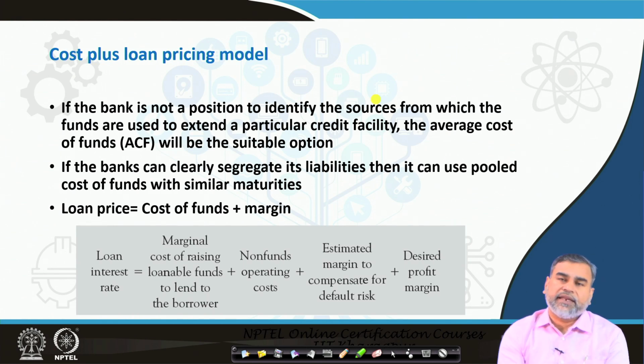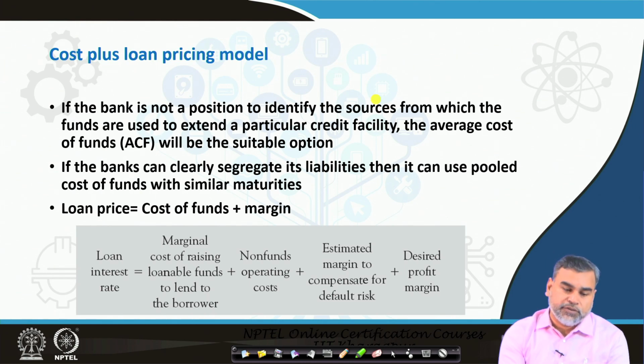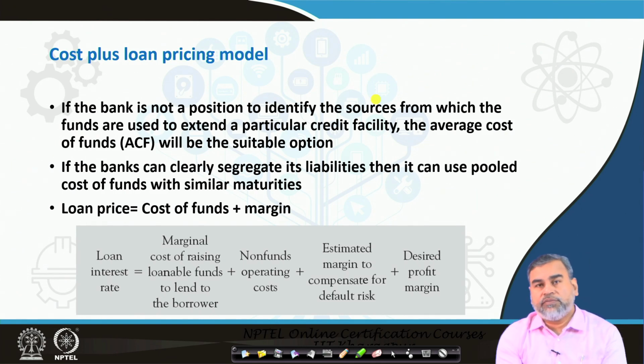If the bank can clearly segregate its liabilities on the basis of different maturity, then it knows where the money will come from, and it can use the pooled cost of the funds with similar maturities. So, in a very simplistic way, the loan price is nothing but the cost of the fund plus the margin.